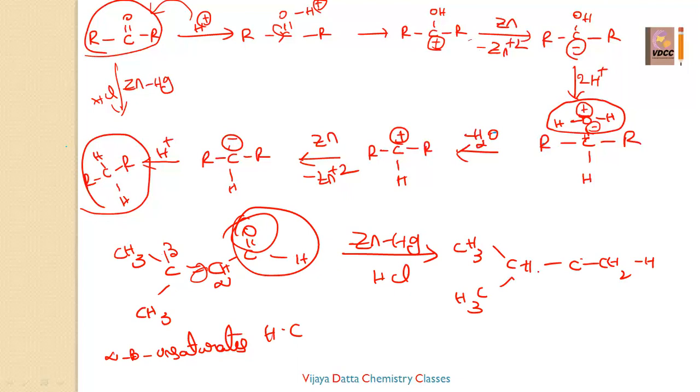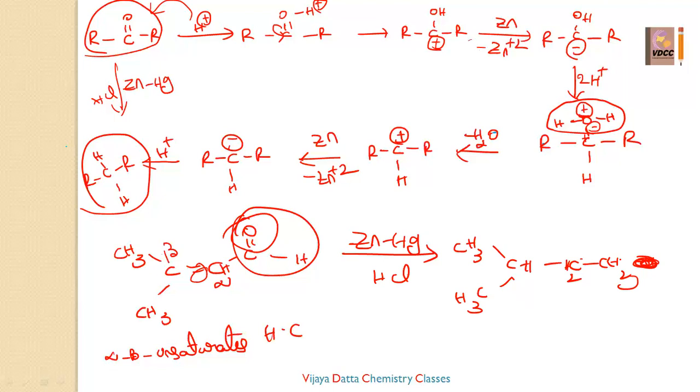Here also 1, 2, 3, 4, CH2 should be there. So the overall compound is CH3, CH2, CH2, CH3. So completely, the C=O and the C=C of alpha beta unsaturated compounds undergo this Clemmensen's reduction. Complete reduction takes place, which means wherever the double bond is there, the double bond will be removed and hydrogens will be added.